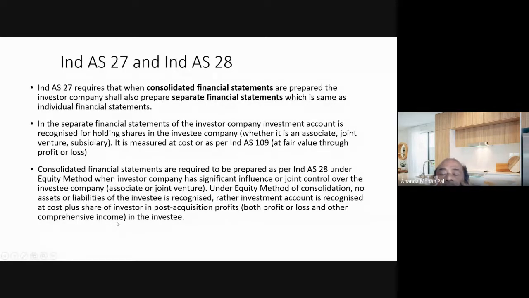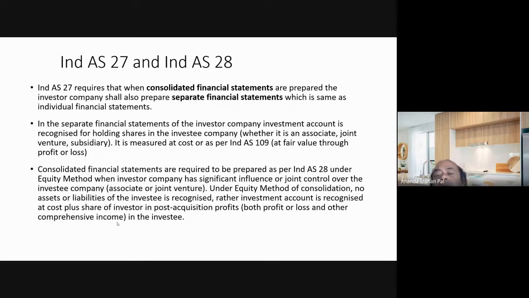Suppose I had 20% shares and its cost as originally recorded, I am putting, say, at rupees 40,000. 40,000 is the value at which it was initially recorded in the balance sheet.